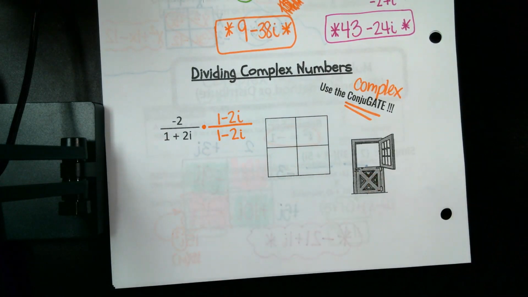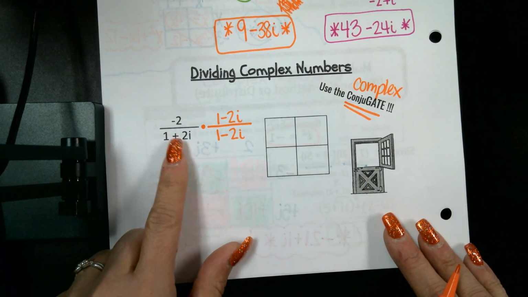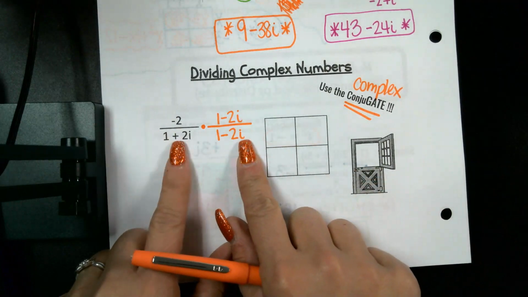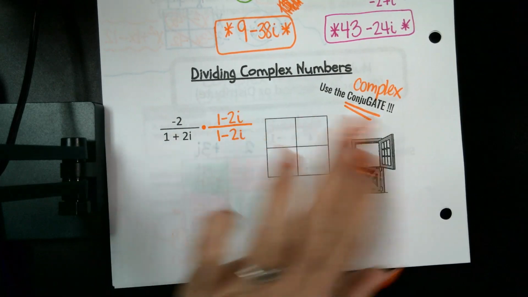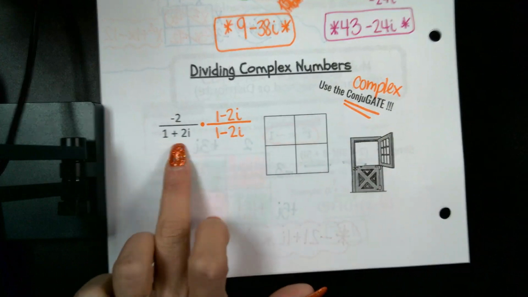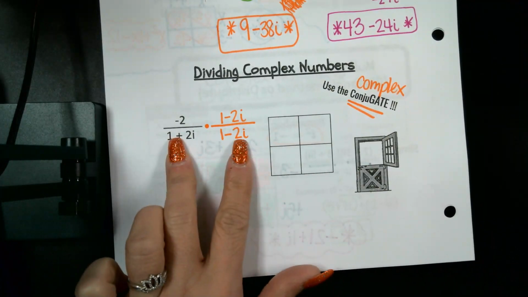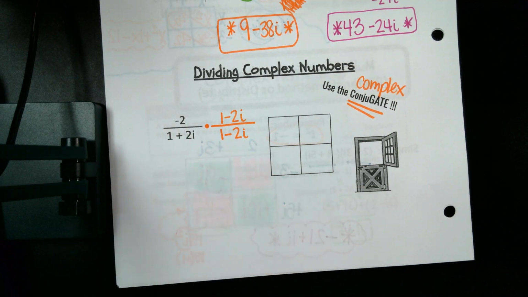All we're doing is changing the operation. Because think about what happens when you have a positive and a negative. Don't they typically cancel each other out somehow? That's what's going to happen here. By multiplying top and bottom by the complex conjugate of the denominator, it will cancel out our I term on the bottom. We'll still have an I term up top. That's allowed. You just can't have it on the bottom.